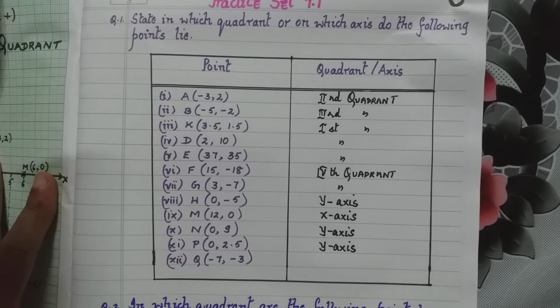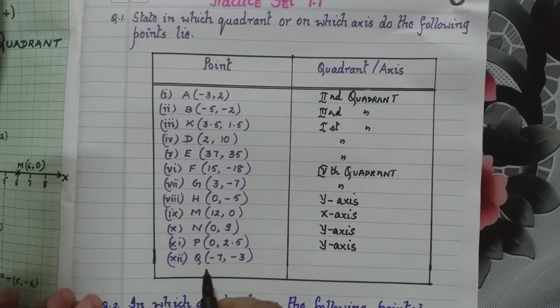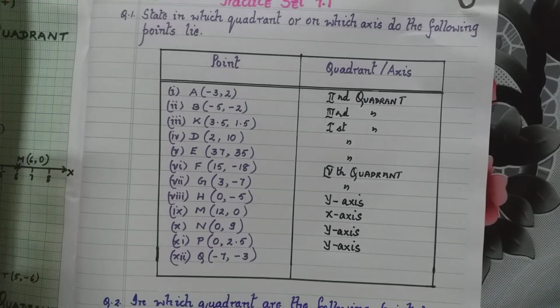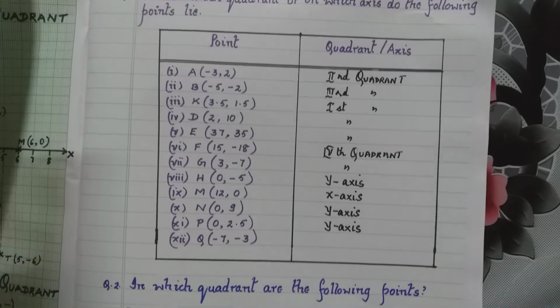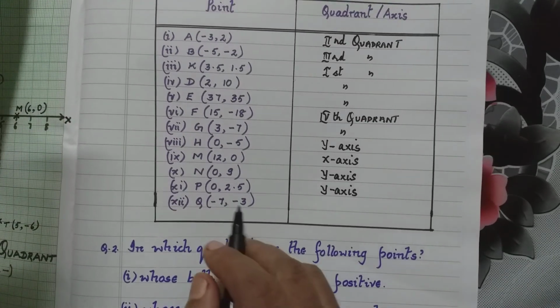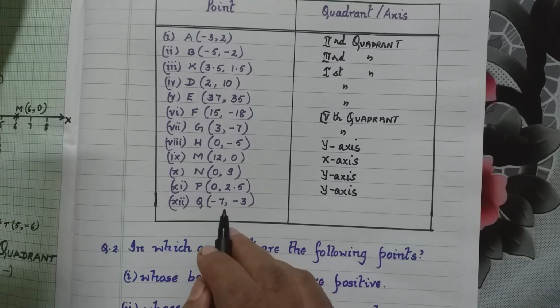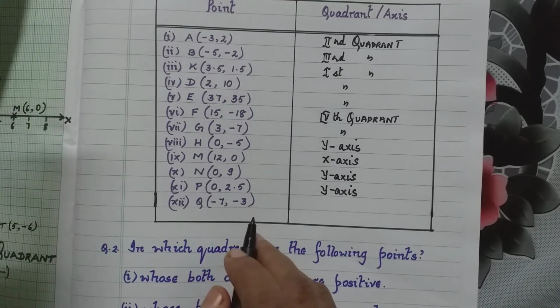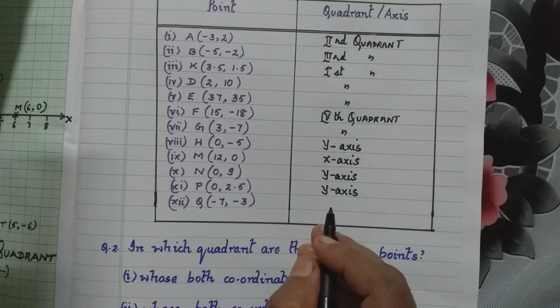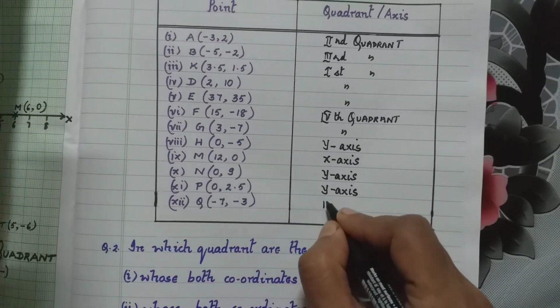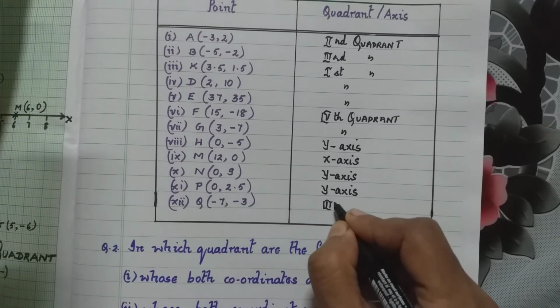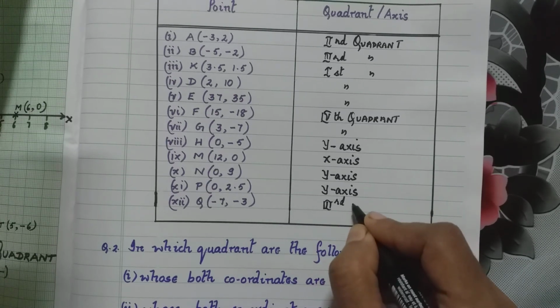And lastly, we have the point Q. The point Q is having both negative coordinates, -7 and -3. And when both are minus, we know that it lies in the third quadrant.